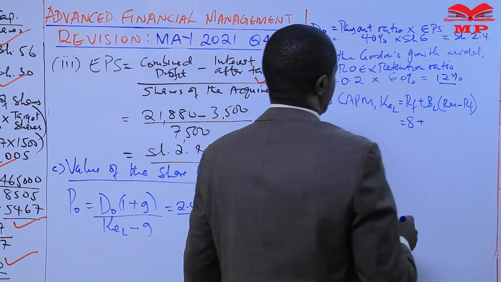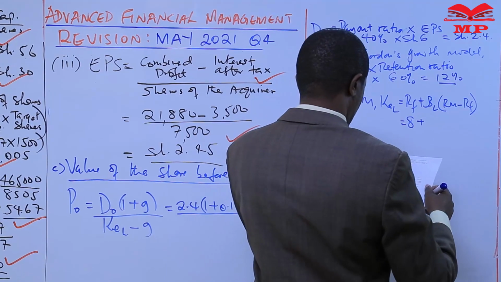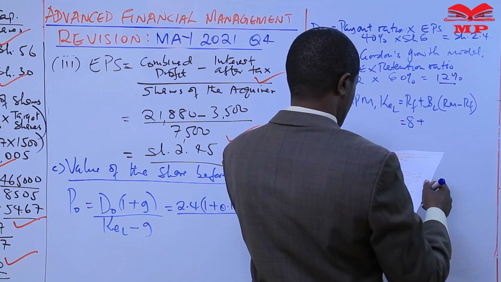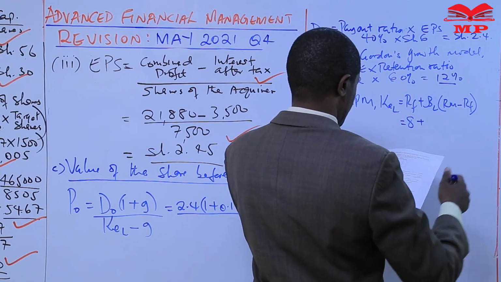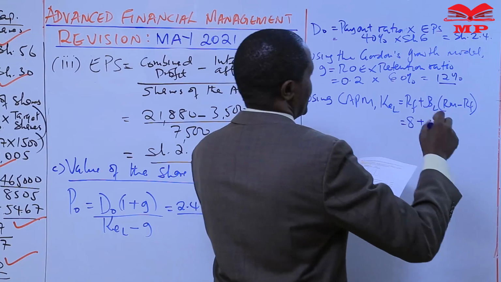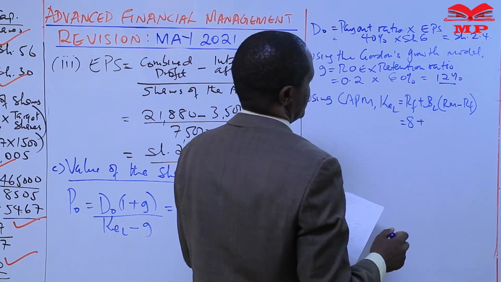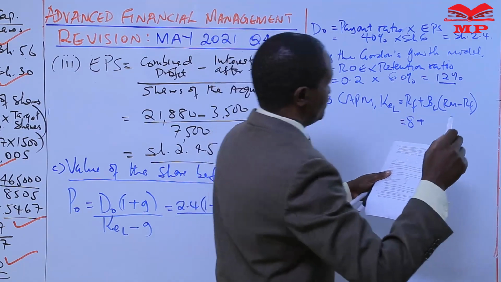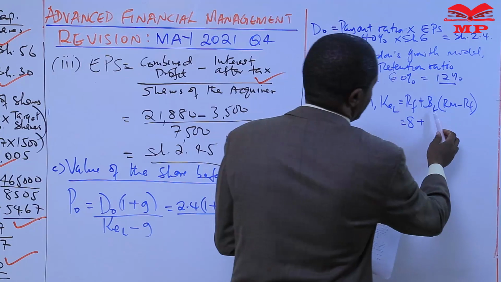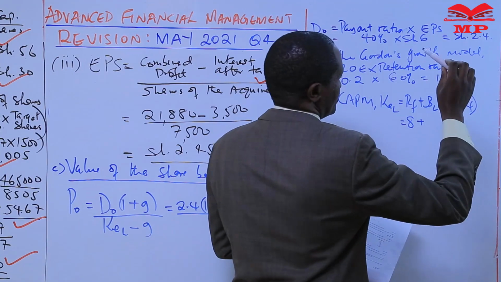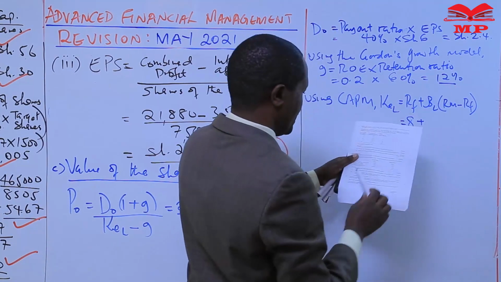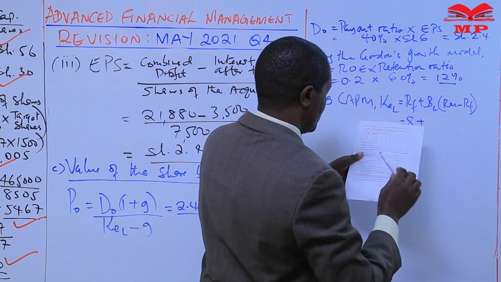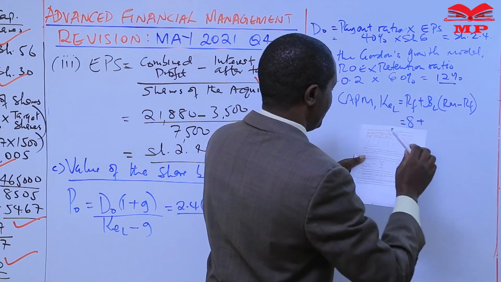But candidates, that is the beta of this firm, which is unlevered. The beta given in the question is the asset beta, 0.9, of the unlevered firm.